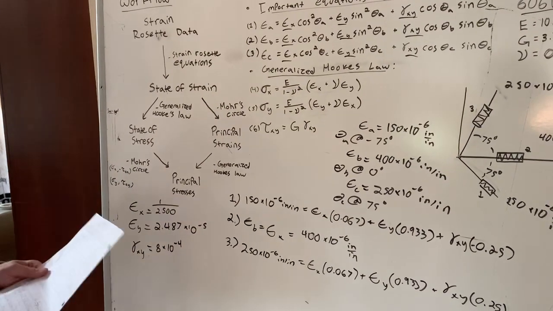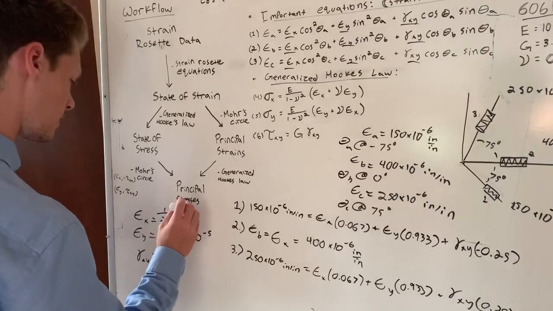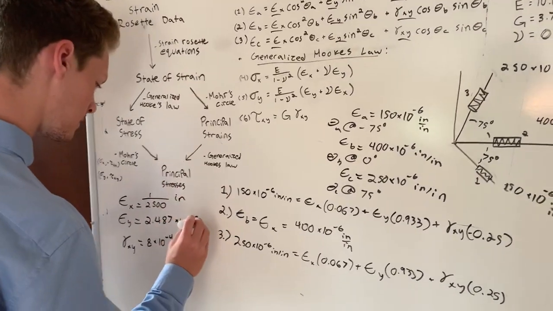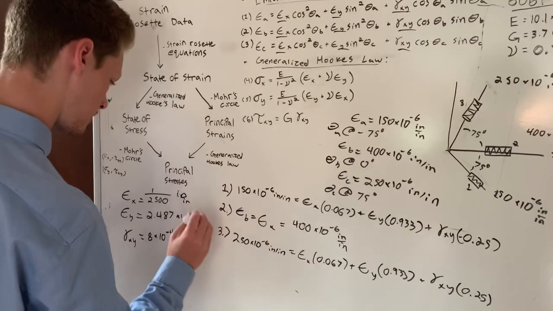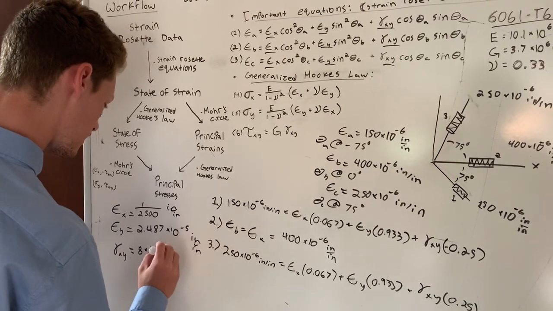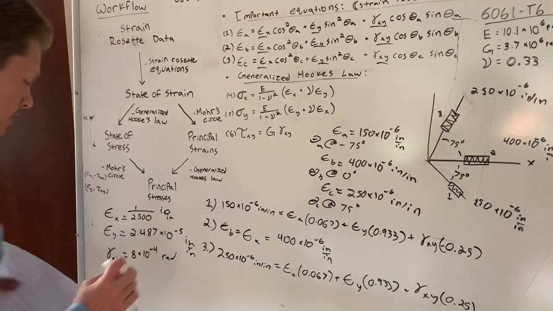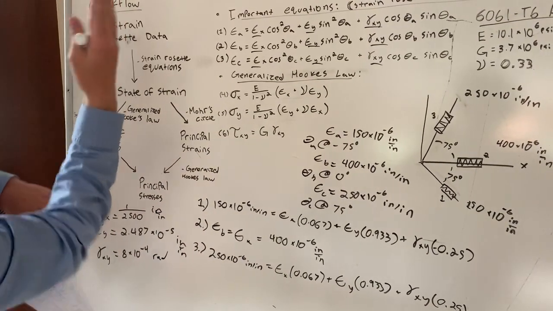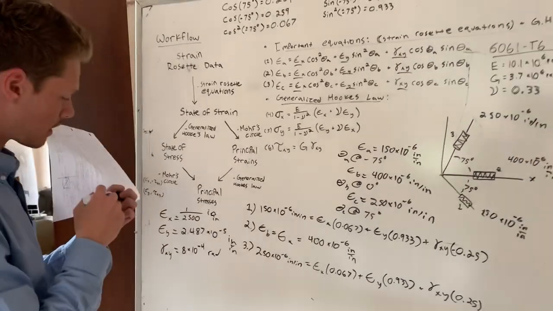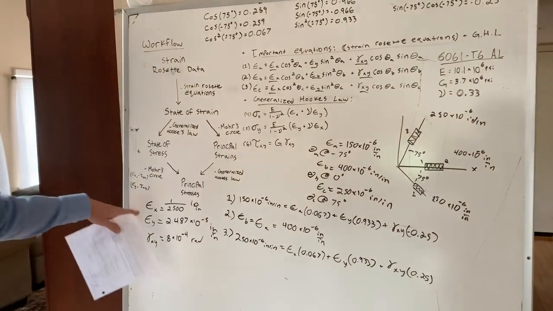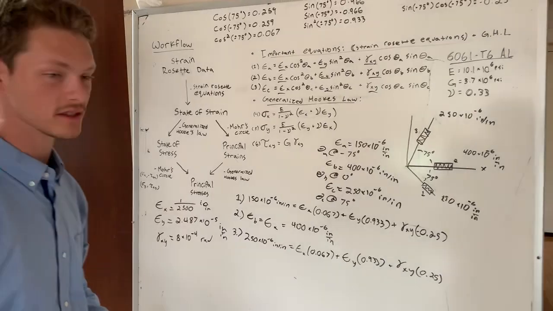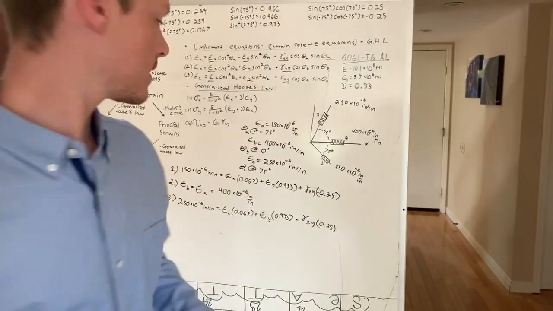These are all strains, which means they're in inches per inch, except for the last one, because this one is measured in radians. Gamma is kind of the tilt of it. All right. Now that we have x, y, and gamma, we can erase these equations and give ourselves some more space.